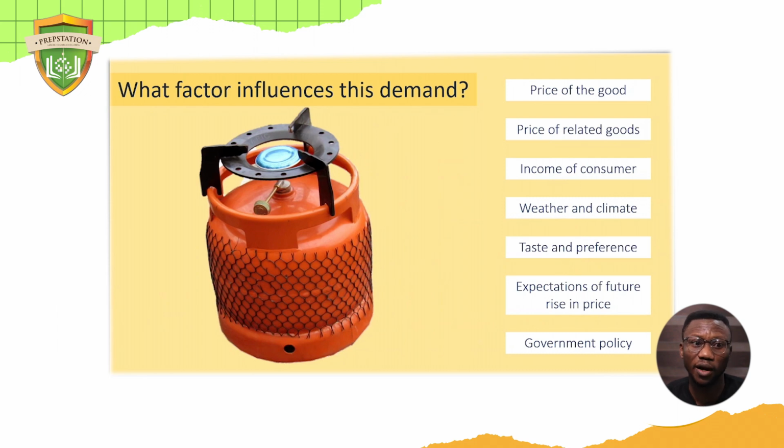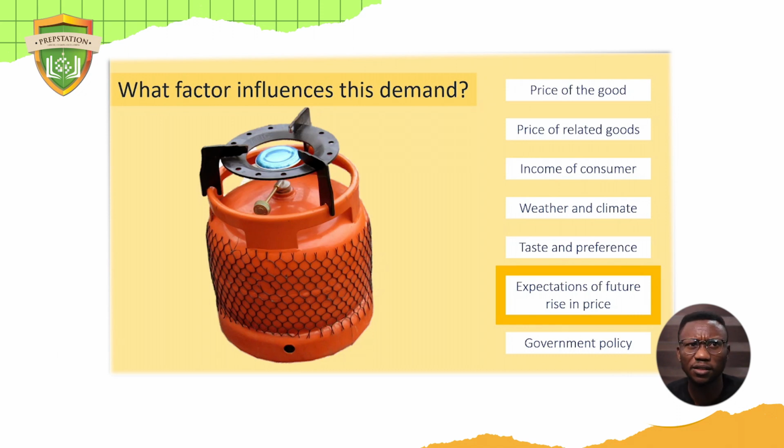Okay, so we still have a gas cylinder for cooking. Now, some people would use electric cookers. Some people would use gas cylinders to cook. Some people use electric ovens and those things. So the point is, what factor can influence this? Based on Nigeria that we know, to me, I would think it is expectation of future rising price. When people think that the price would increase, like maybe next month, people buy more gas today.